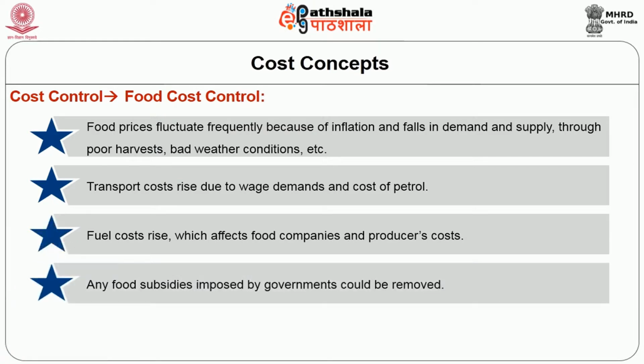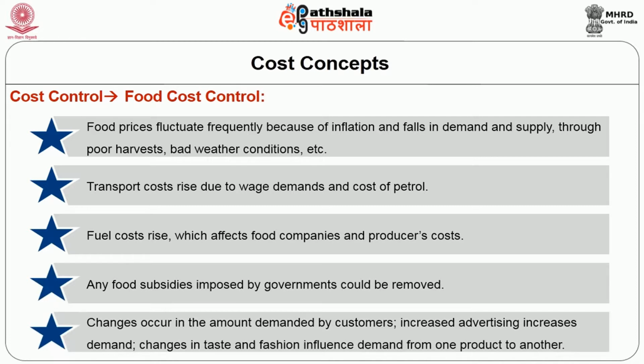Any food subsidies imposed by governments could be removed. Changes occur in the amount demanded by customers. Increased advertising increases demand. Changes in taste and fashion influence demand from one product to another.